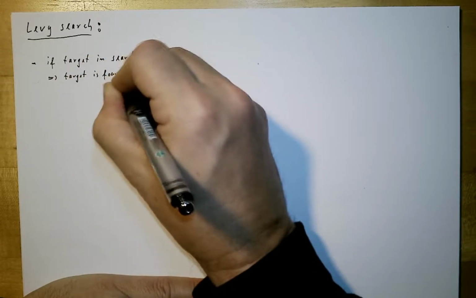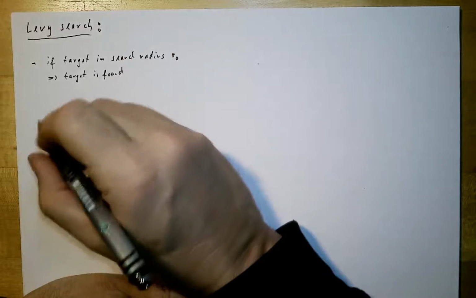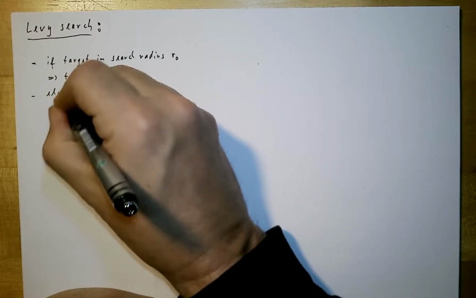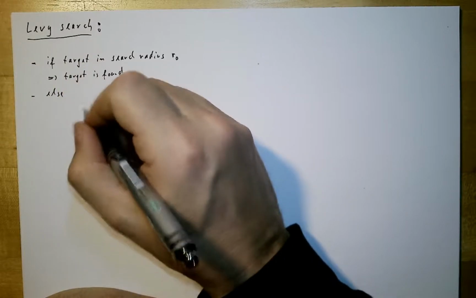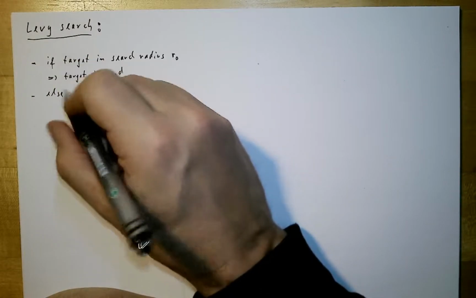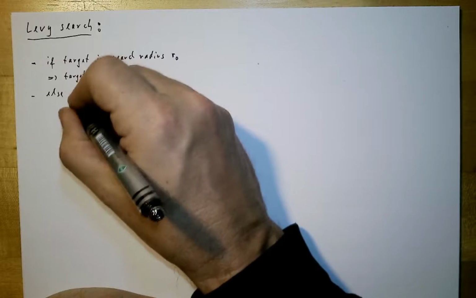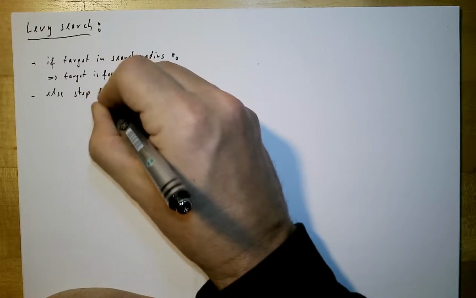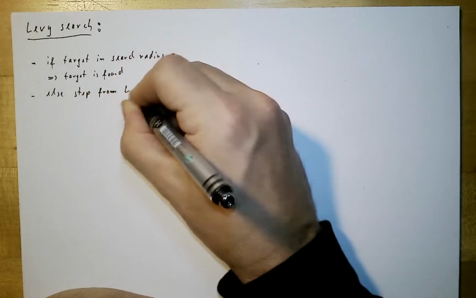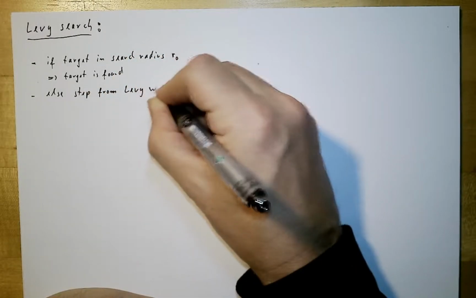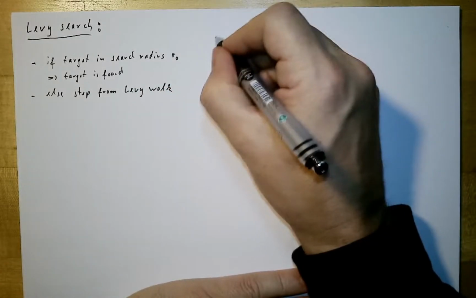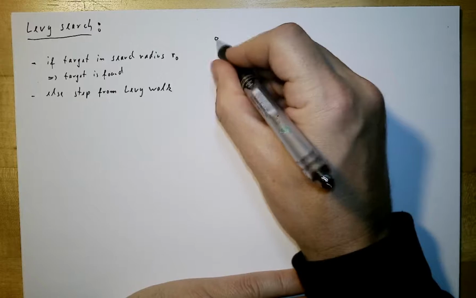And if not, else we make a Levy walk actually. Let's make a step from a Levy walk. And this means we have here our walker.